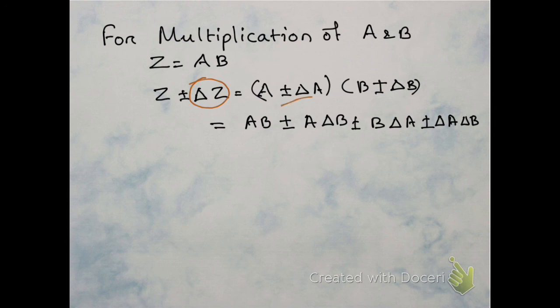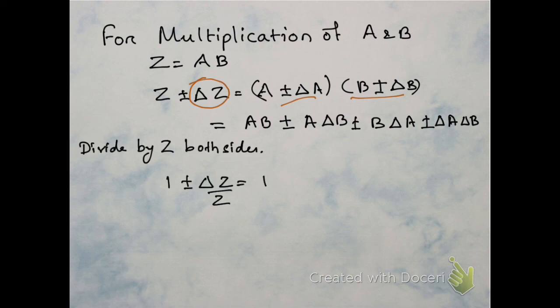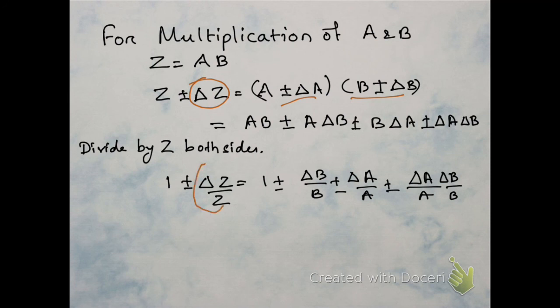Now let's do a trick. Let's divide by Z on the left hand side and by AB on the right hand side. So we'll get a terminology like this. In this terminology, can we figure it out? These terms resemble relative error, isn't it?